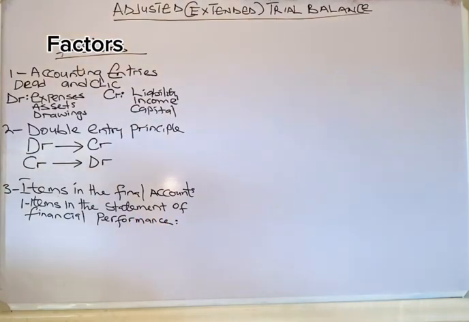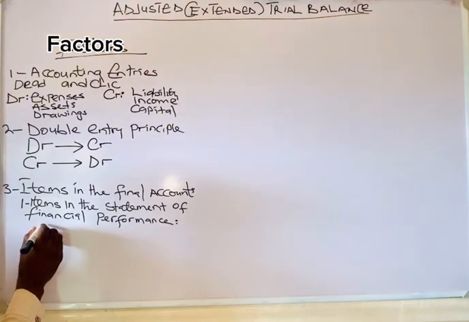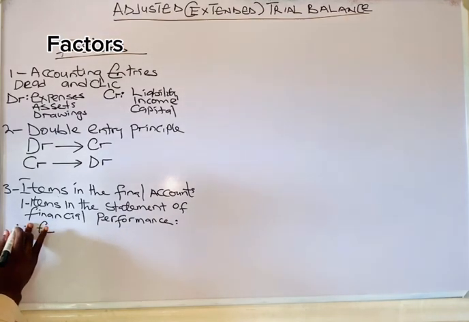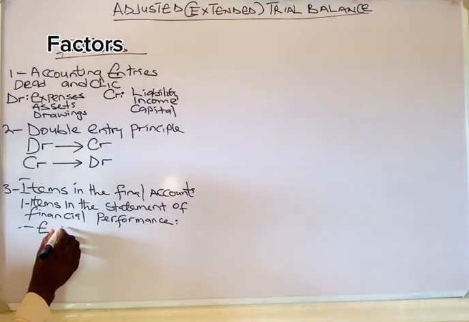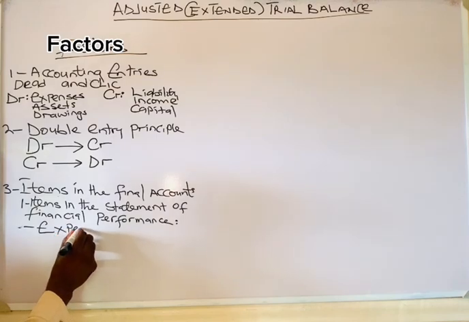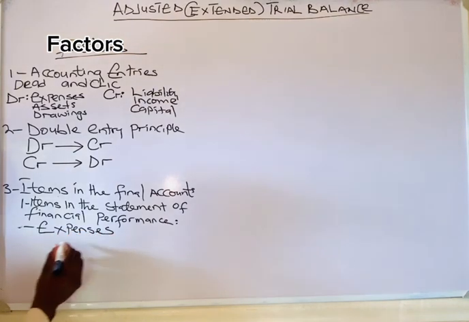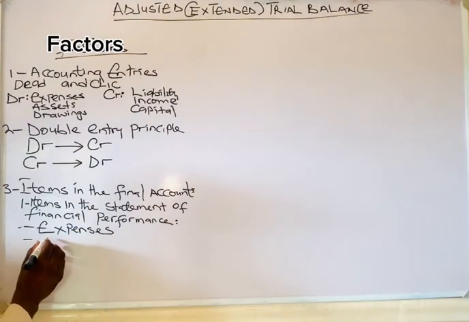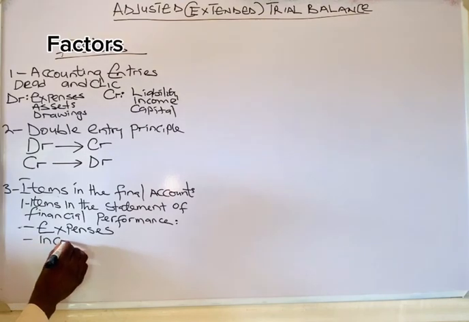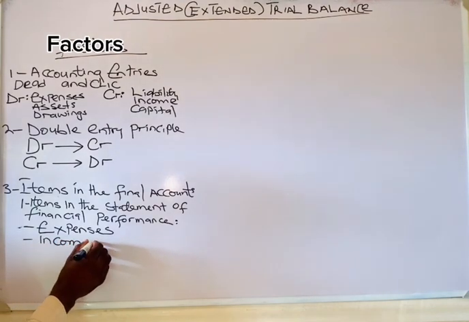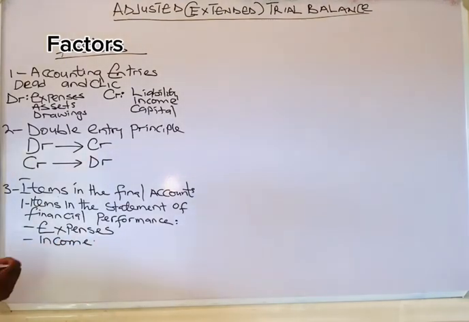And these items are: 1, expenses. 2, income.